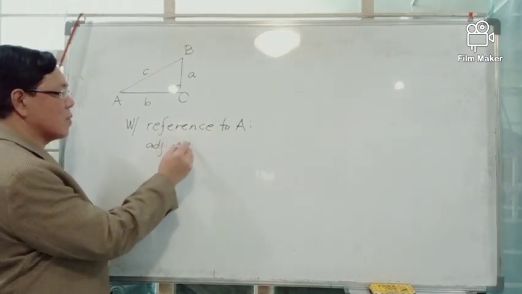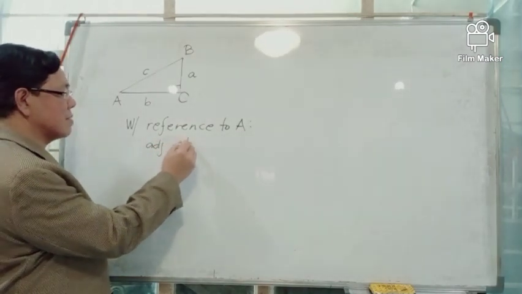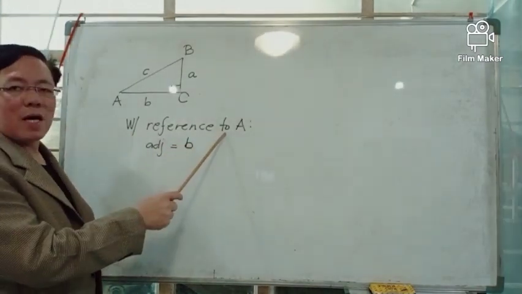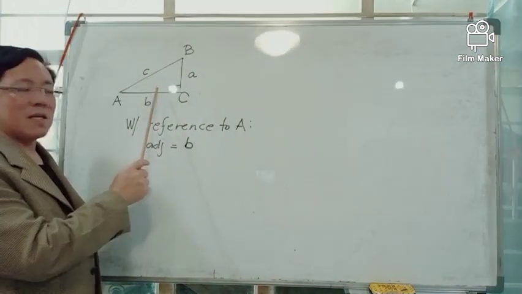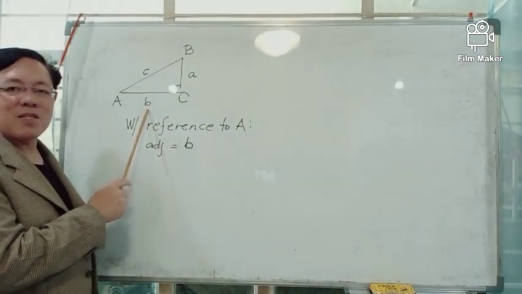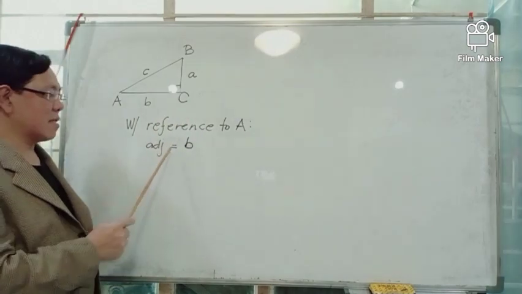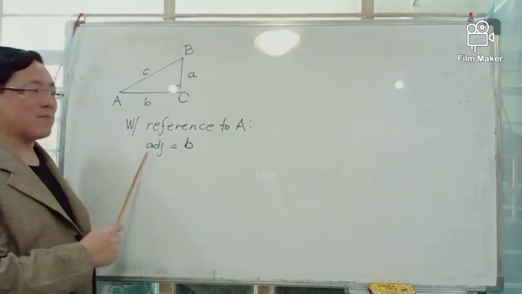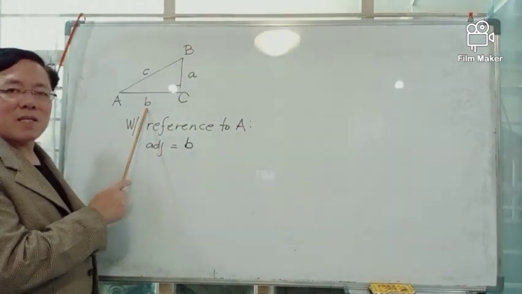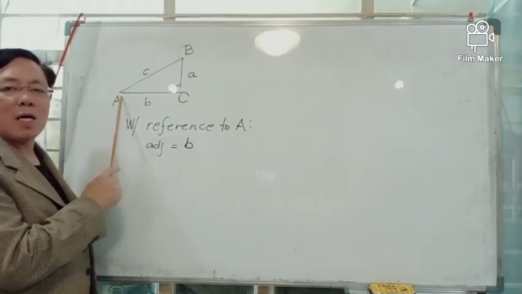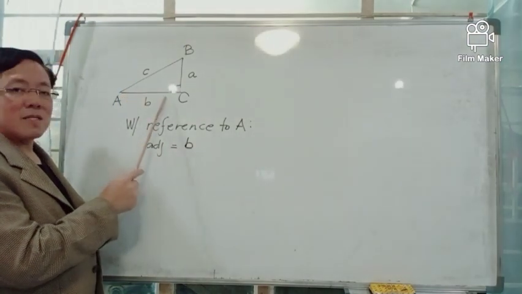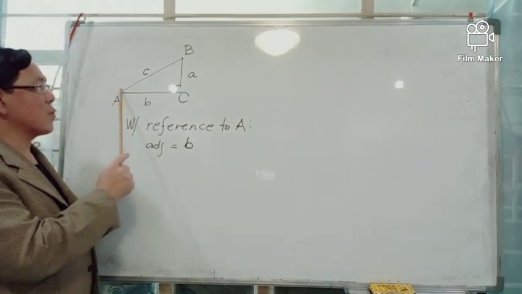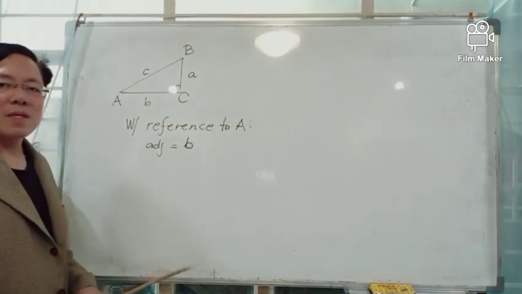Adjacent side equals b. With reference to the acute angle A of this right triangle, this side small b through the vertices A and C is called the adjacent side. It is called the adjacent side because this side small b is adjacent to angle A. It is the side of the right triangle which makes the acute angle A with the hypotenuse.